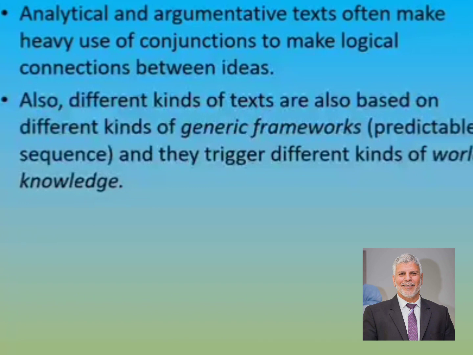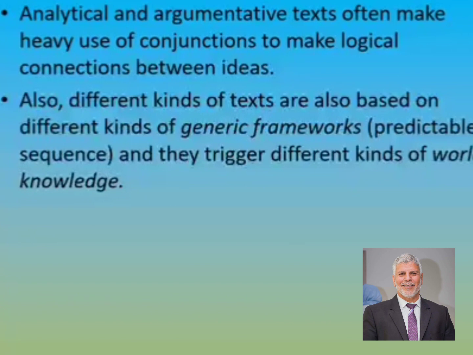And any other kind of text will have a different generic framework. Like for example, letters. We know that letters have a specific kind of structure or generic framework, and theses, for example, have a different structure, and so on.